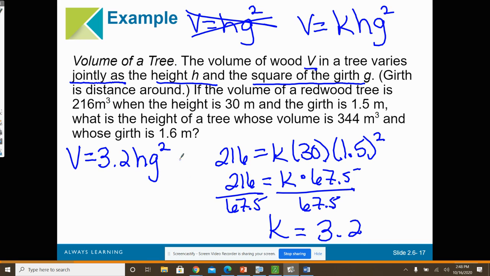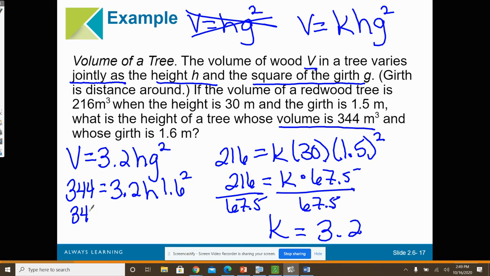Now I can find the answer they're looking for because they want to know what the height will be. If the volume is 344 and the girth is 1.6. So again, we can clean up first. Just take 3.2 times 1.6 times 1.6, 8.192 h, divide by 8.192, and it will tell us the height of that tree.